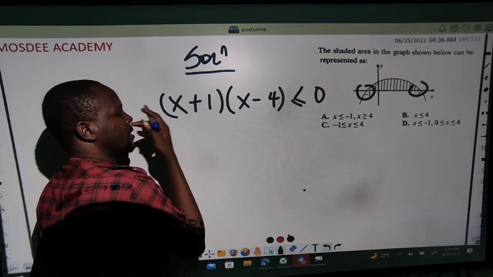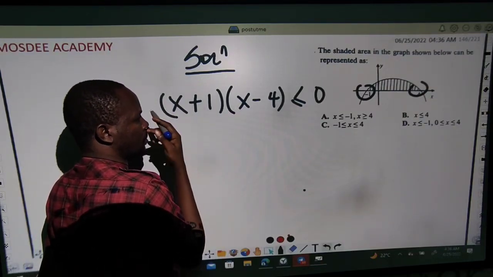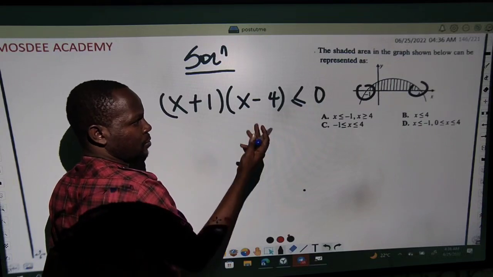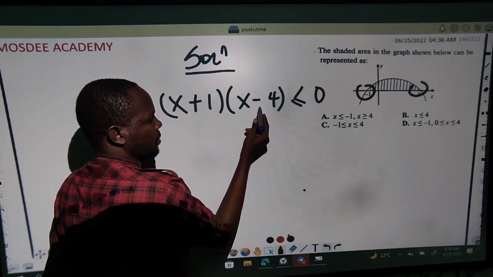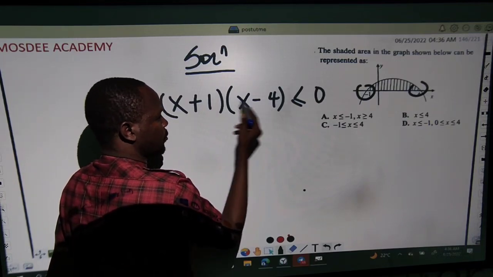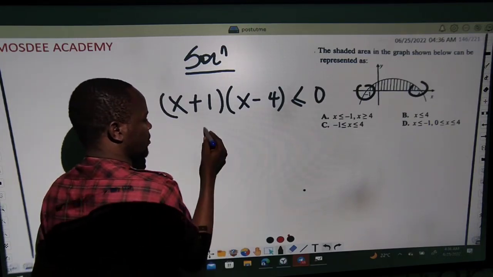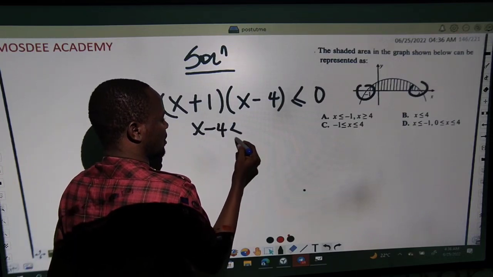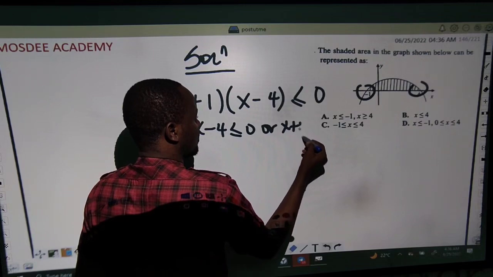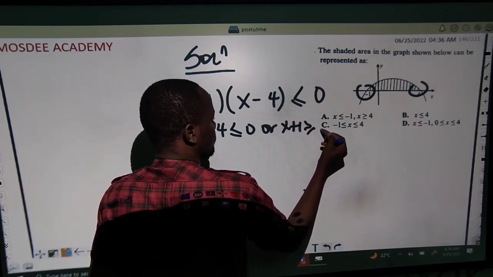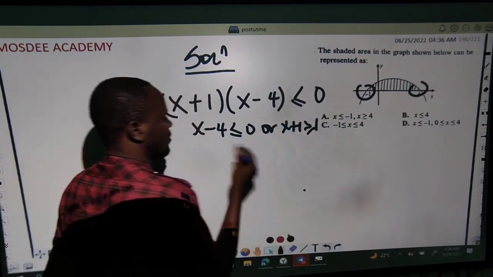What you just do directly is substitute. The lower number follows the sign, the upper number follows the reverse sign. This is the lower number, because minus 4 is lower than 1. So we say x minus 4 is less than or equal to 0, or x plus 1 is greater than or equal to 1. You know the answer from here.